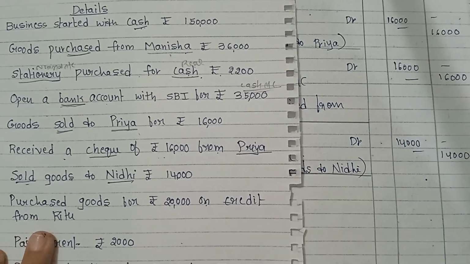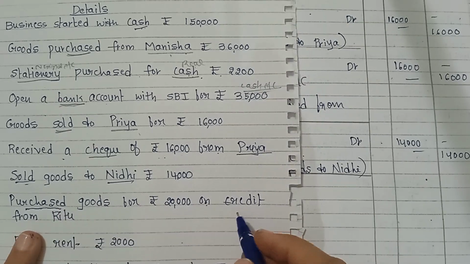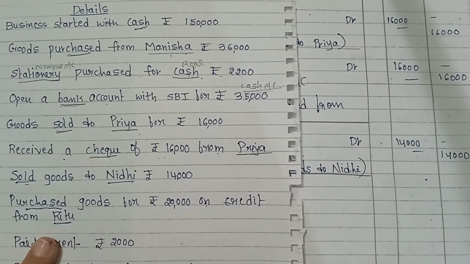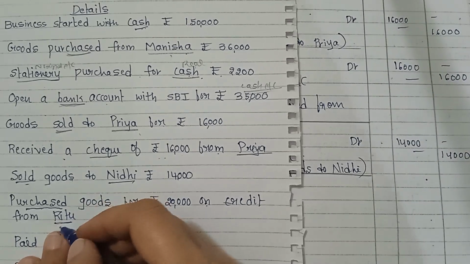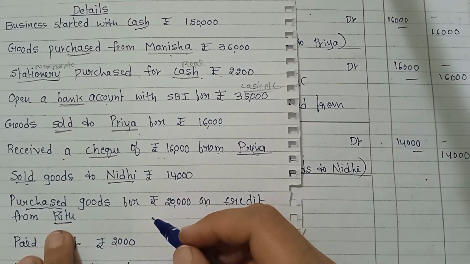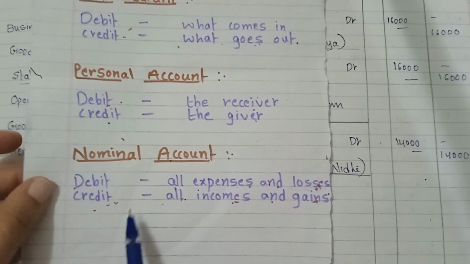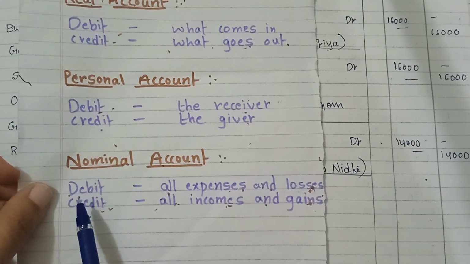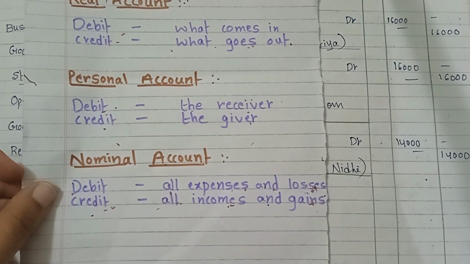Here two types of accounts involved are, first one purchase account and second one Ritu's account. Purchase account falls under the category of nominal account because purchase is an expense. Here we need to debit the purchase account, debit all expenses and losses.